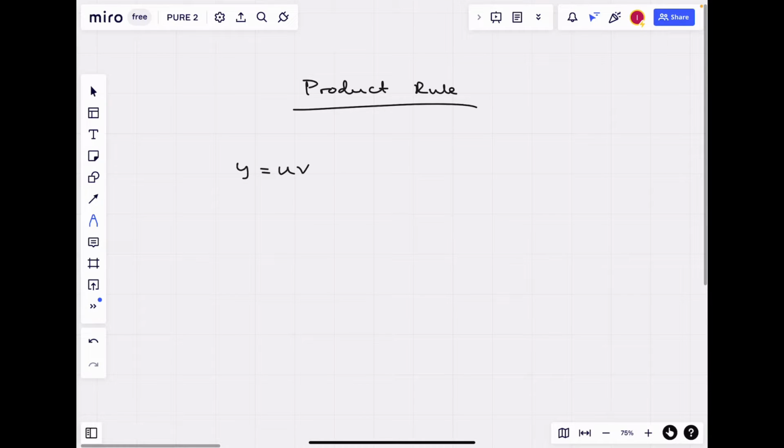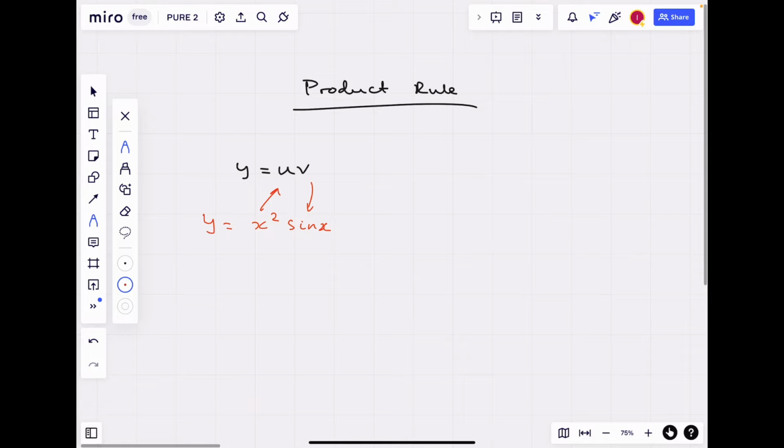So you have two different terms, wildly different. What I mean by that is, let's say you had x squared sine x. Then x squared would be the u, sine x would be the v.